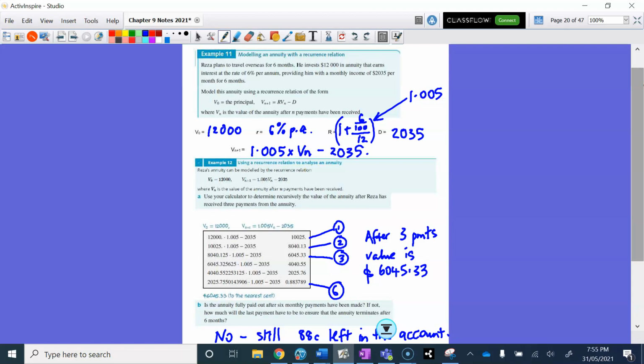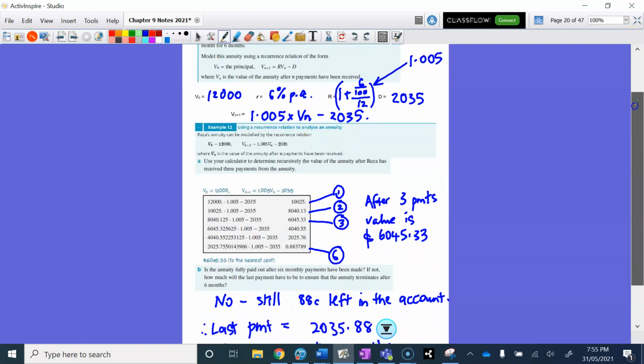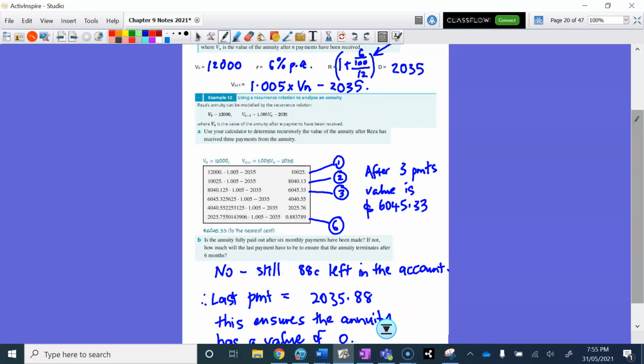Okay, so example 12 then moves into some questioning about that actual recurrence relation. They give us the same one we've just written above: V0 being 12,000, V(n+1) is 1.005 times Vn minus $2,035. It's telling us that the value of the annuity, with N in that case, is after N payments, so N months.